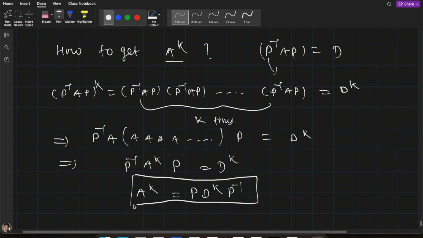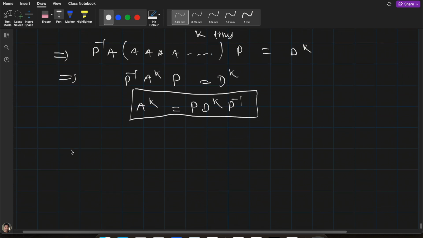So if you have a matrix A and someone wants A raised to the power 100, you only have to get the eigenvectors and eigenvalues and the inverse of P, and you can easily get A raised to the power 100.